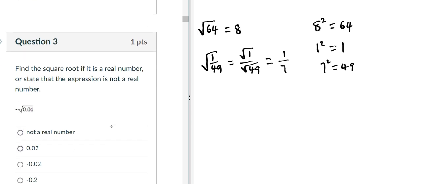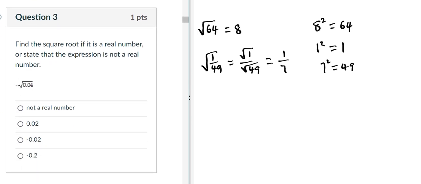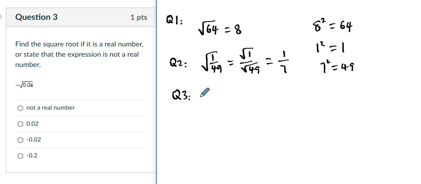Question 3. We have a negative radical 0.04. We know 0.2 squared is 0.04.